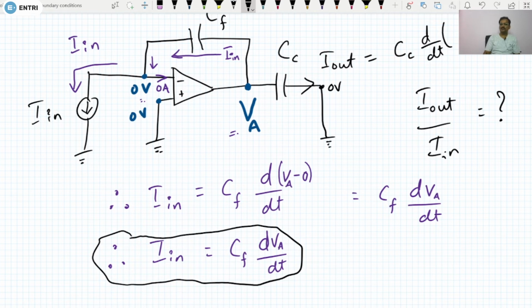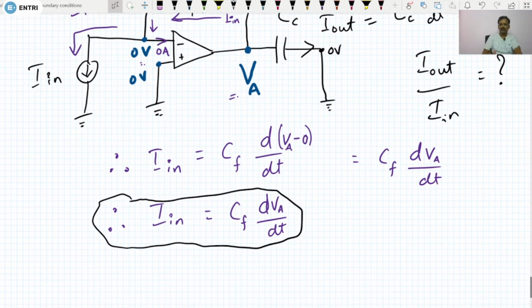So VA minus 0. What you are getting is CC into dVA by dt. So I out is equivalent to CC into dVA by dt. That's what we got.